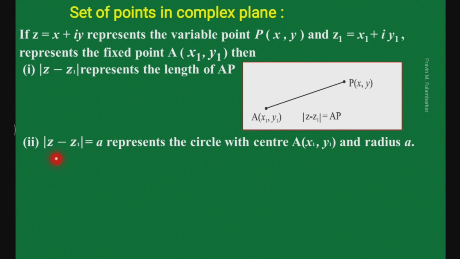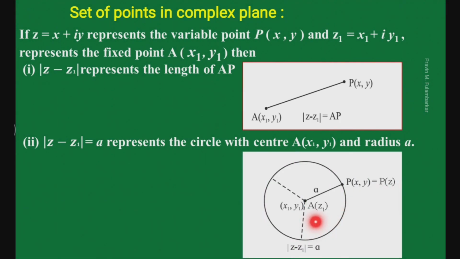Second, the modulus of z minus z1 equals a represents the circle with center (x1, y1) and radius a, because we know that a circle is a collection of points which are equidistant from a fixed point.